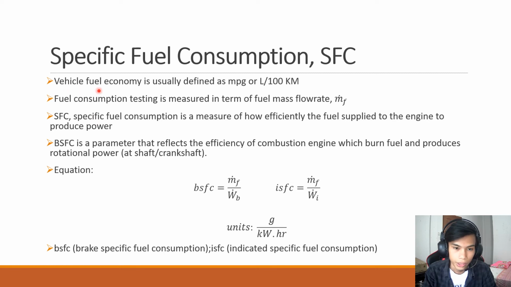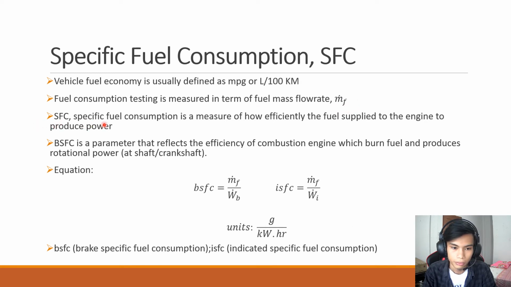So vehicle fuel economy is usually defined as MPG or liters per 100 kilometers. Fuel consumption testing is measured in terms of fuel mass flow rate, denoted as m dot f.